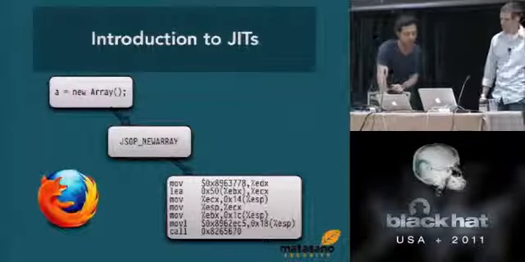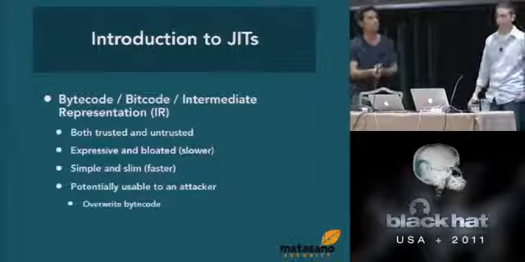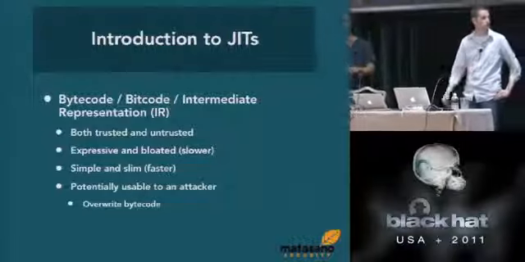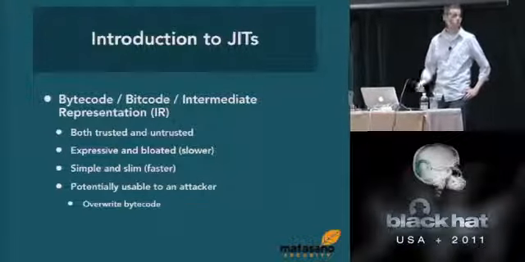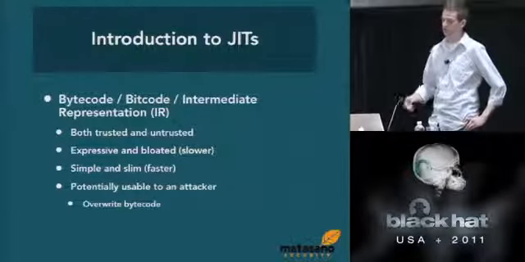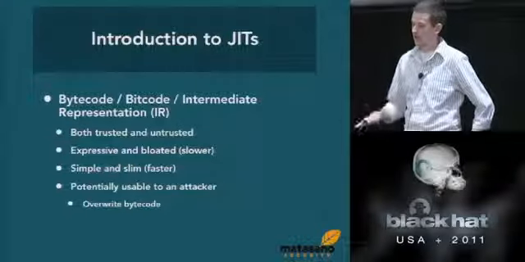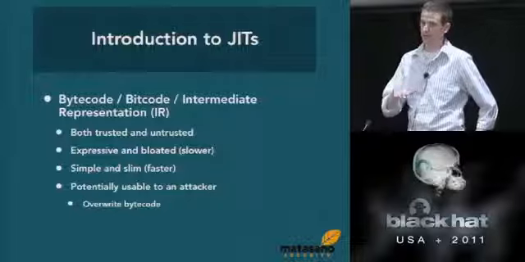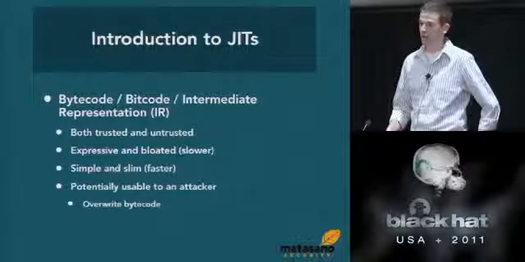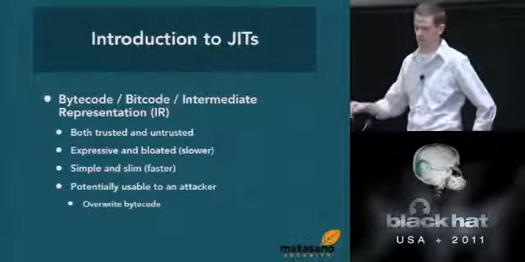So we mentioned intermediate representation a few times now, and usually it comes in the form of bitcode or bytecode, right? It's usually some sort of binary instruction format that's not quite machine level, but not quite source code level. So it maintains a lot of type information, and there are different types here, and we'll go into this in a few slides.